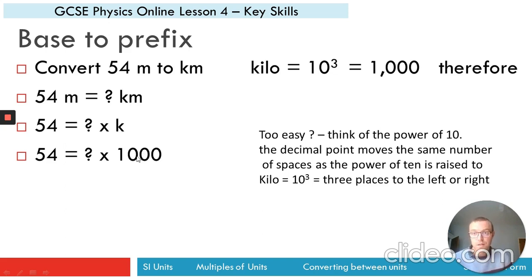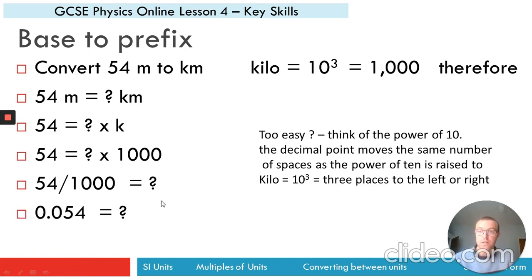If we divide the right hand side by 1,000, we'll have question mark times 1,000 divided by 1,000. We'll end up with just a question mark. And on the left-hand side, we'll end up with 54 divided by 1,000. So, when moving 1,000 to the left-hand side, we get 54 divided by 1,000 is equal to the number we want to know.